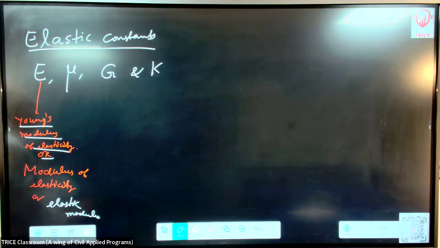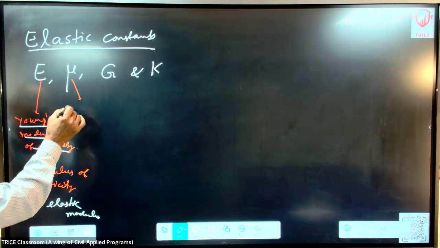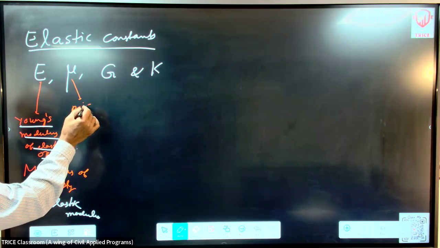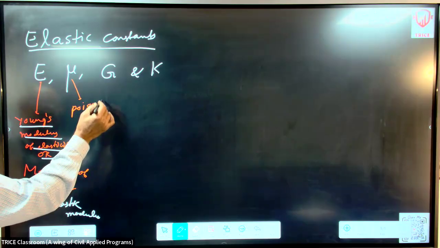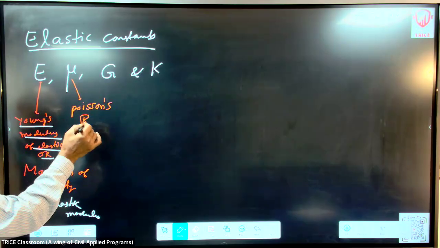Universal symbol is E. Now mu is Poisson's ratio.